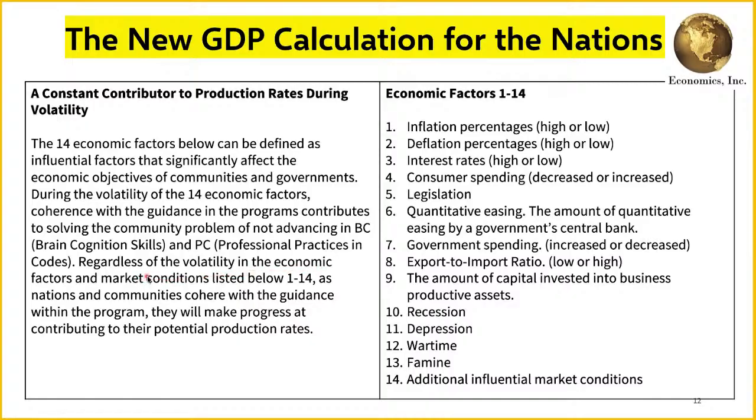In the economic factors and market conditions, a nation and community cohere with the guidance within the program. What will happen? They will make progress at contributing to their potential. So it's something that we can rely on. We're always going to have those factors to deal with. And if we can improve them, it's going to be a constant uplifting. Absolutely.